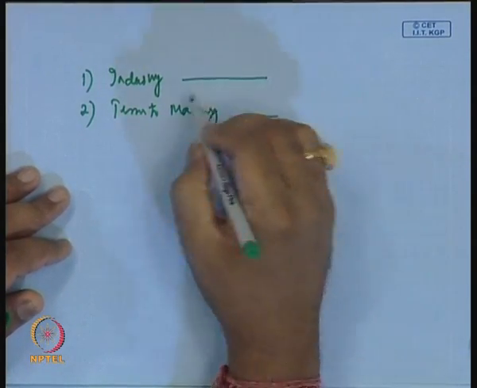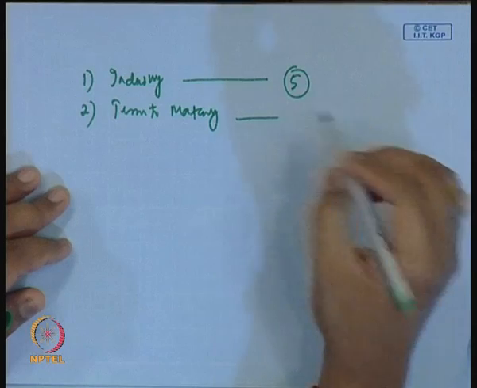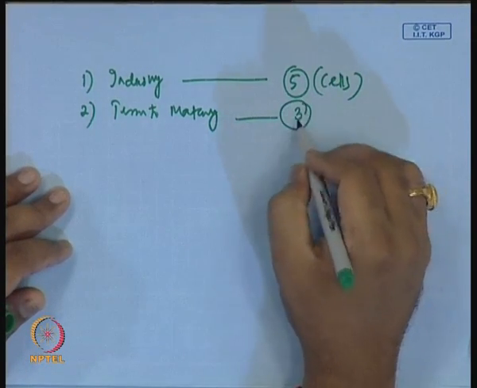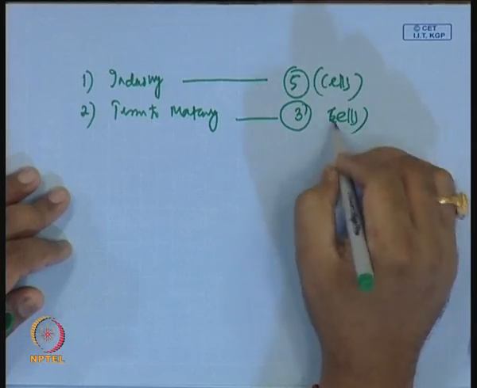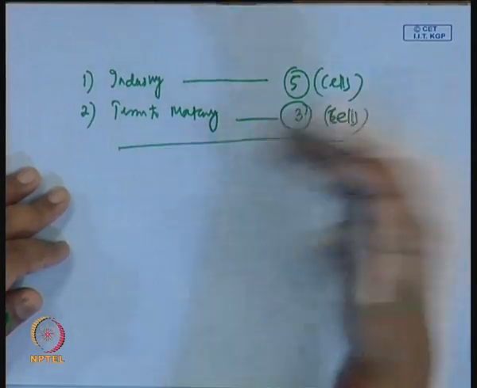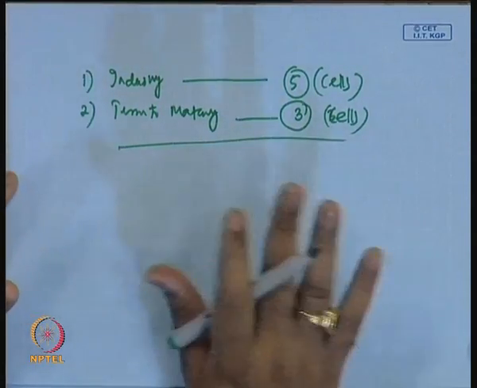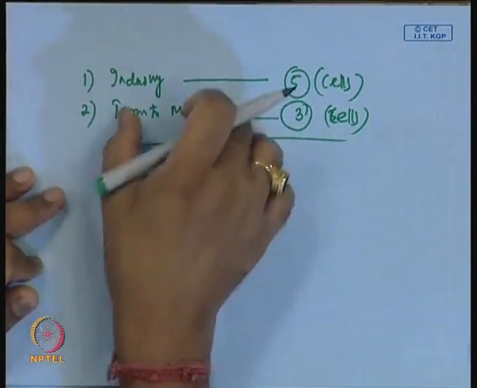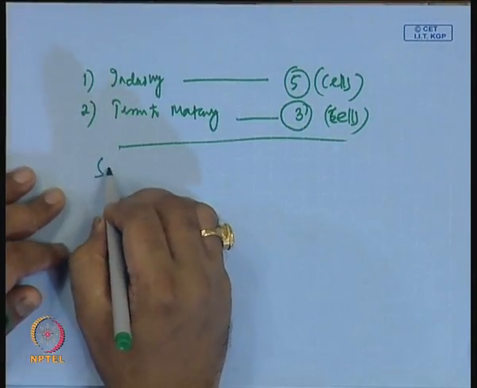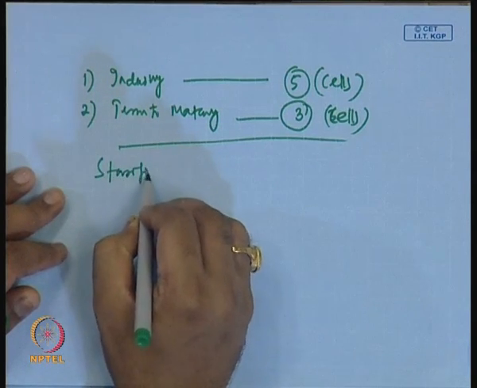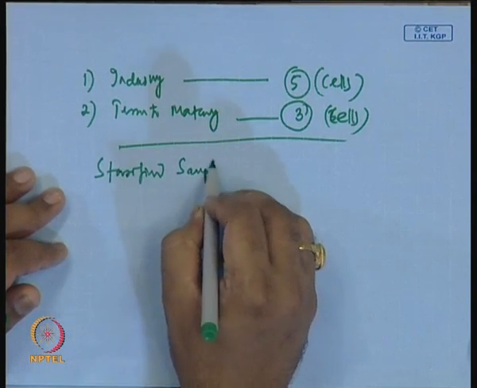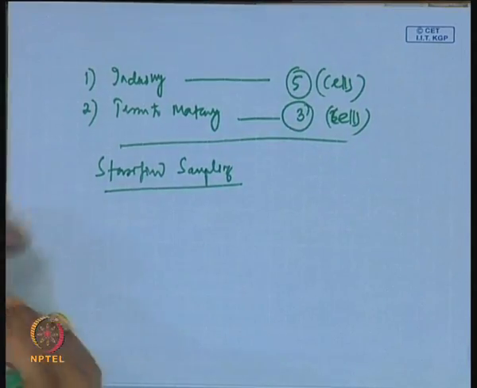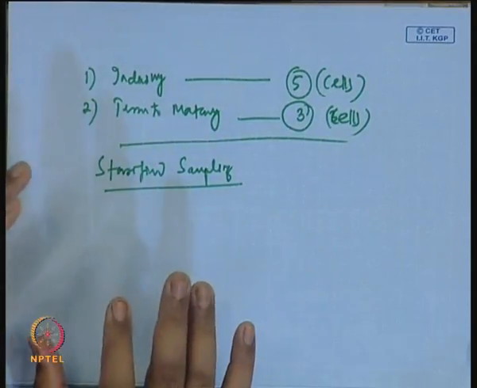Let's say there are 5 industries, so 5 cells, and for term to maturity we have 3 alternatives, so 3 cells. On that basis the number of cells will increase, the construction of the index should be based on this, and you can decide the number of bonds from each category in a stratified way. That is why we call it the stratified sampling approach to construct this particular index in a particular time period.